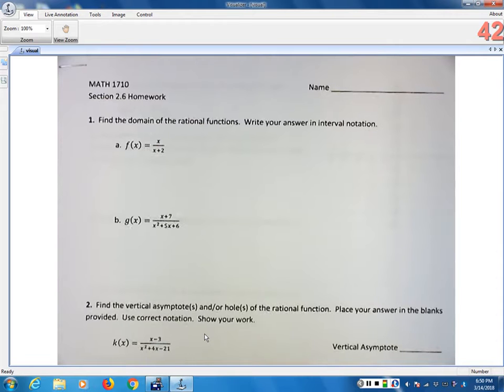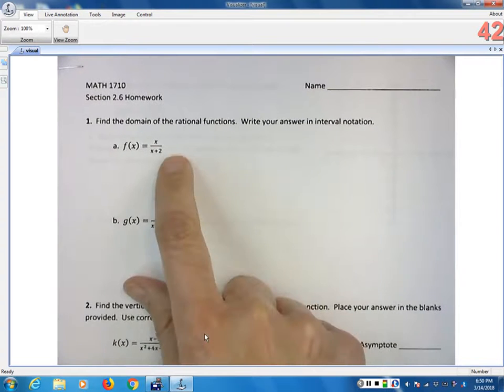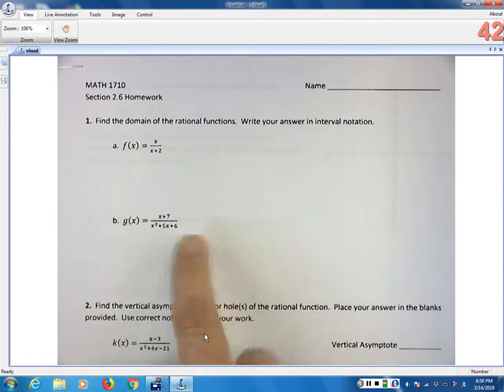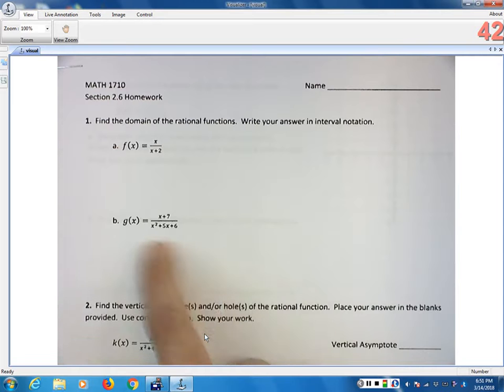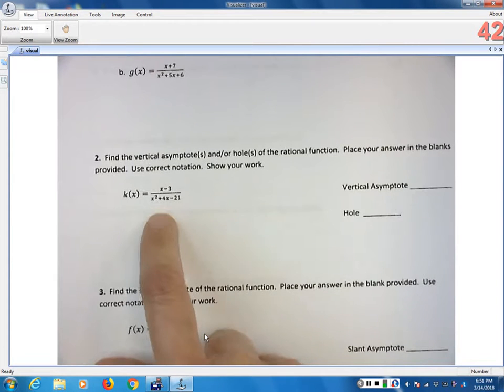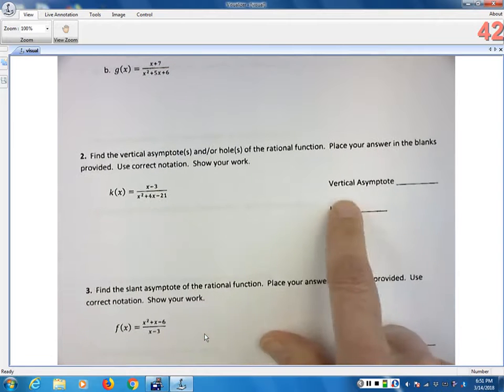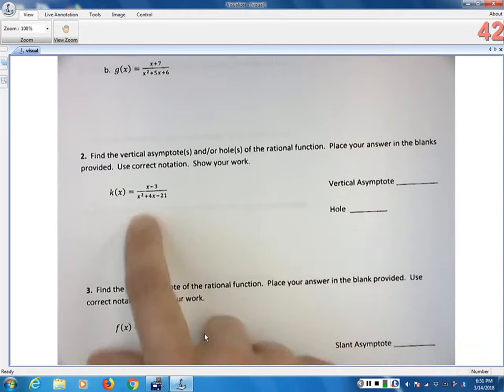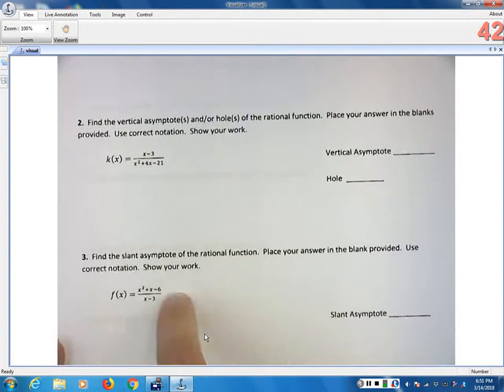Okay, so that's the homework for next time. We've gone over how to do this one and this one. You have to factor the denominator and set it equal to 0. We know how to find vertical asymptotes and holes. We haven't covered slant asymptotes yet.